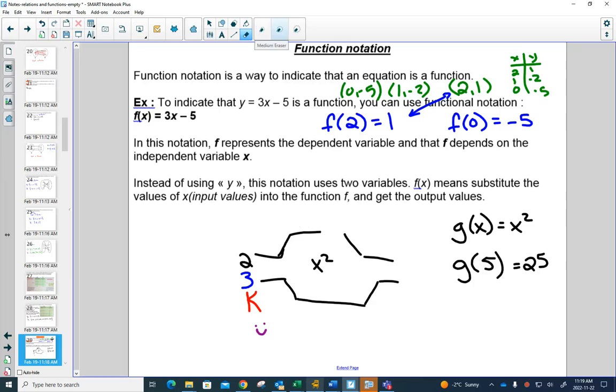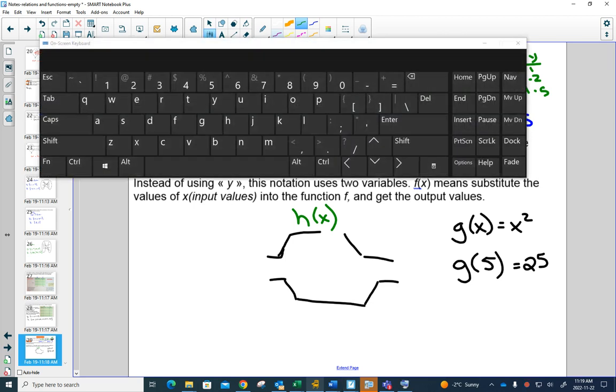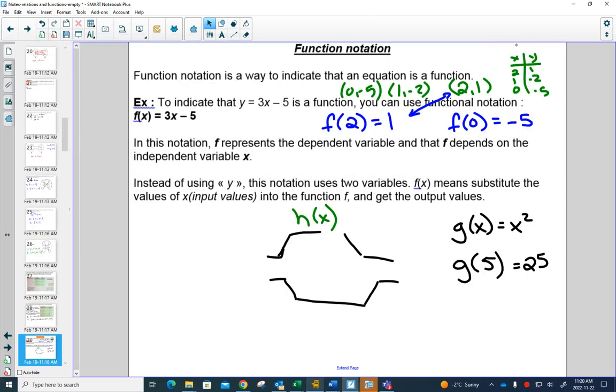Okay, I'll make up a new one. I'll call this machine h of x. I'm going to come up with a new rule, see if you can figure it out. Go ahead, throw in a number. 7. You put in 7, out would come 16.